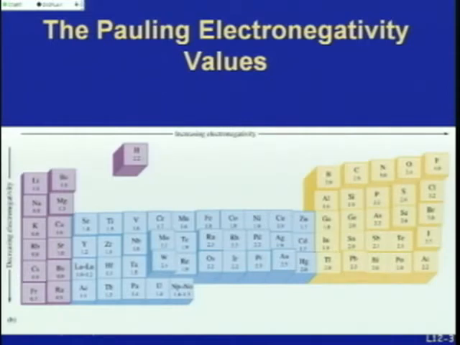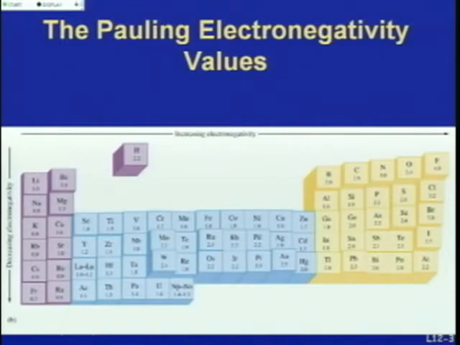And so this is the Pauling electronegativity value, and this is a very useful tool to predict the type of bonding. What Linus Pauling, maybe I should say a couple of words about Linus Pauling. He was one of the greatest chemists of the 20th century. He worked at Caltech, at UCSD, and this place over the hill there, but since it was him, I will mention it as Stanford.